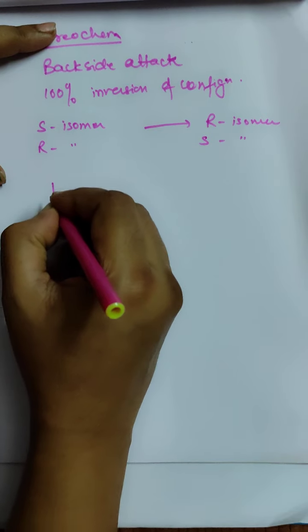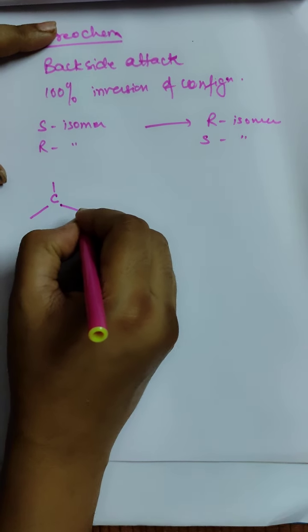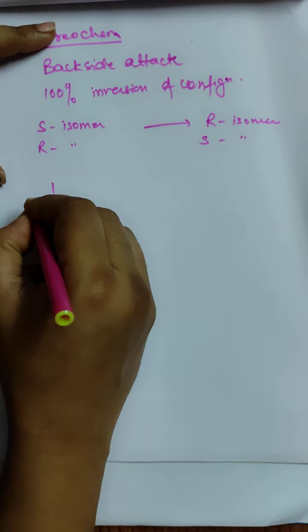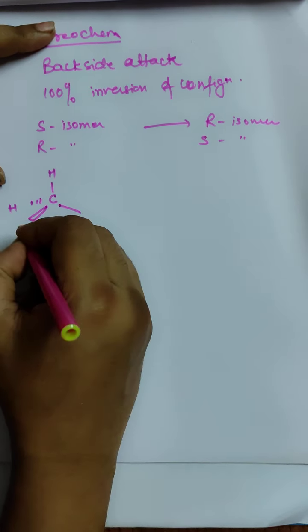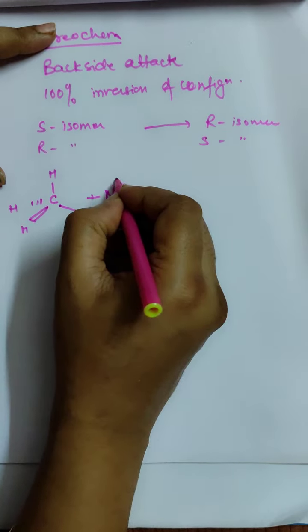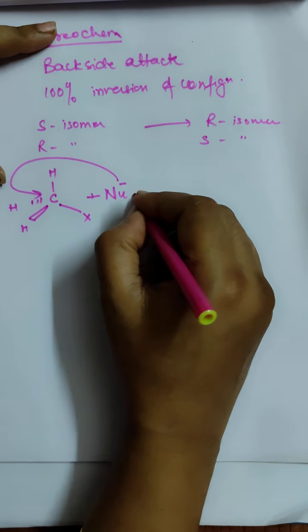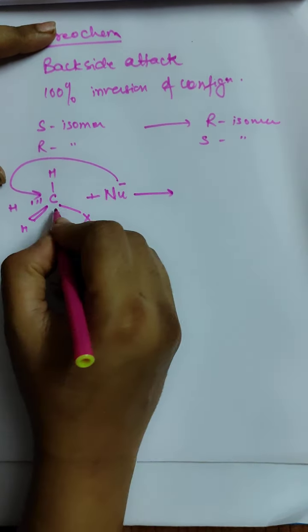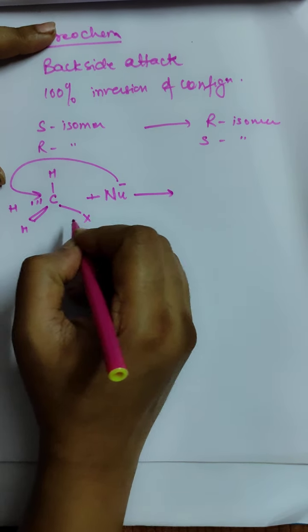The reason is that it is only because of the backside attack. Why is this backside attack taking place here? So I am taking the example here. The reason for backside attack, again I am repeating, is a strong nucleophile does not have patience for waiting that this C-X bond will break and then it will attack.